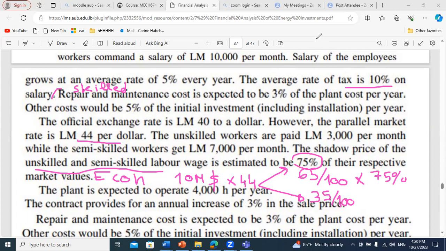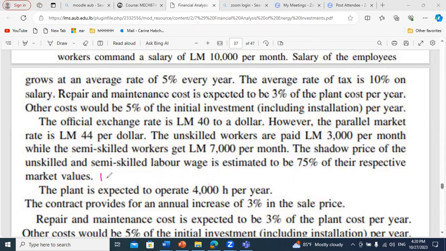So in total, if you want to write it in one equation, it will be equal to $10 million. So we are converting to million local money. So I will give everything here in million local money. So I should multiply 10, which is the value of $1 million, by 44 first.